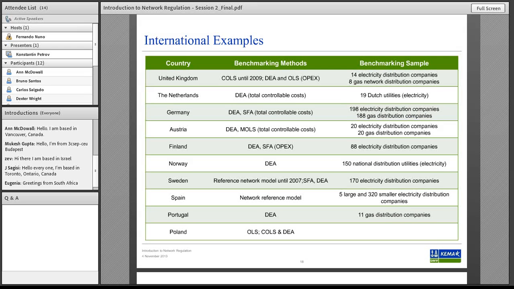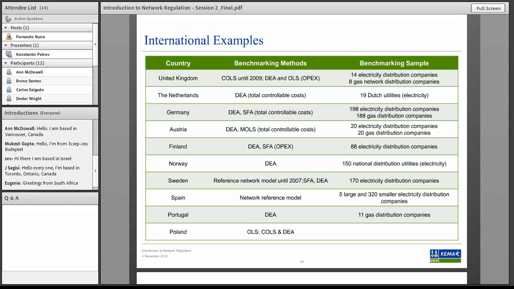They used, in the first price control period, two types of models and two types of specification of the inputs. So they created a kind of matrix with 4 model runs, and then used the best result for the companies from these 4 model runs: two techniques and two input specifications.